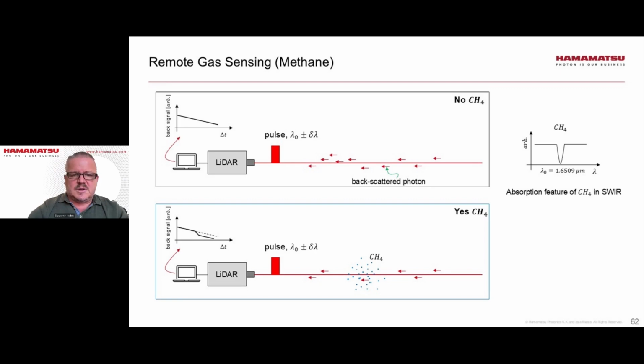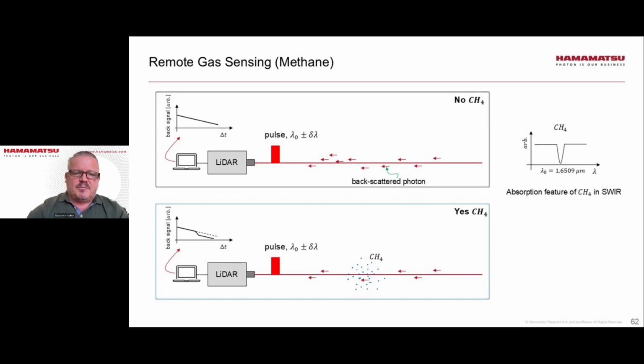So we have a laser that produces a short pulse of light with a wavelength that is going to be straddling the absorption feature of methane. So the light goes to the right, and due to backscattering, some photons are going to come back. What a SPAD array will do is measure time of flight, from which you could determine the distance to the scattering centers.